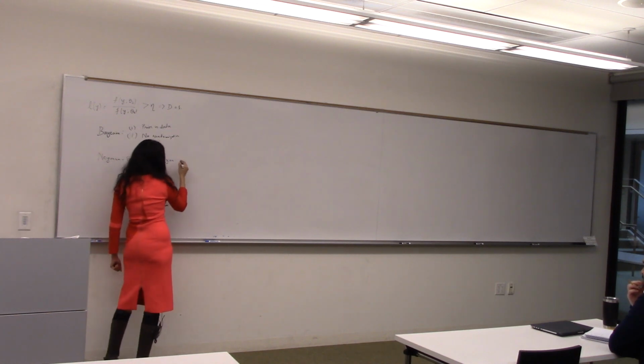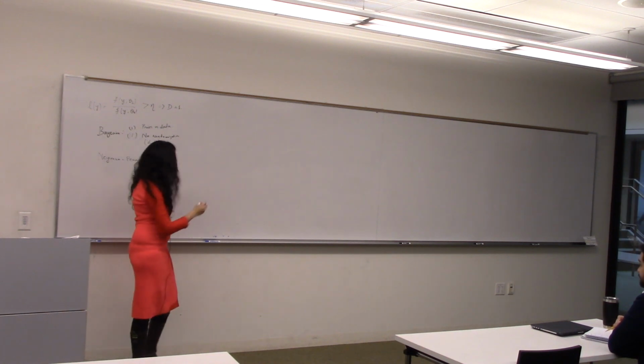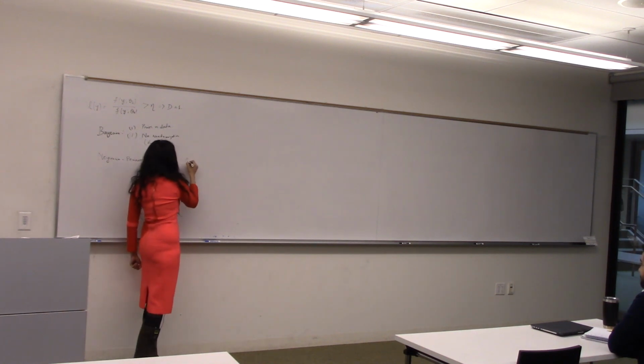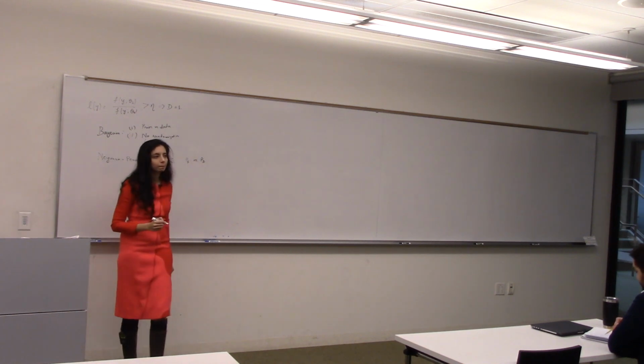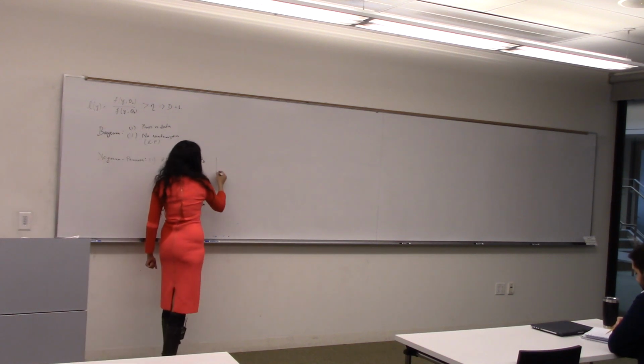We also call this the receiver operating characteristic curve. So let me just say ROC. It was the ROC curve where you have the trade-off between false alarm versus detection probability. And so here the idea is, if you have a constraint on your false alarm, what is the detection probability?